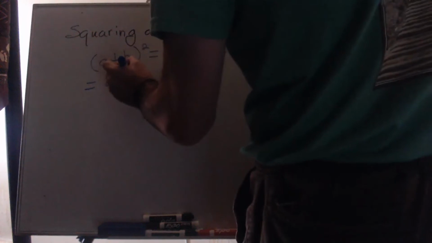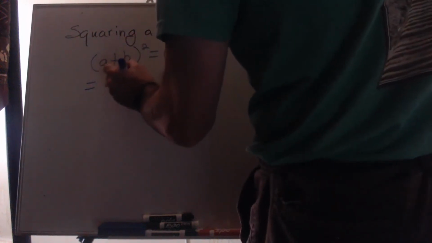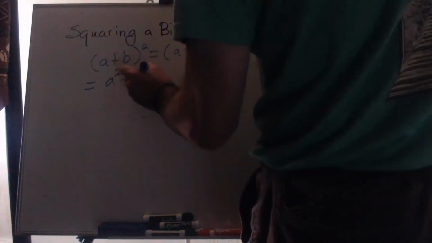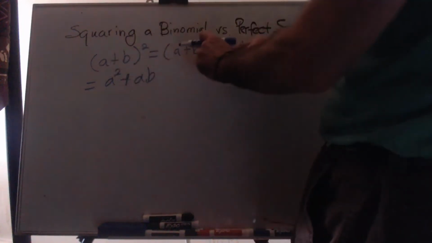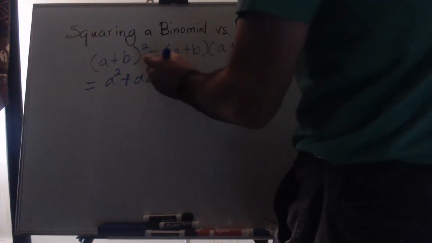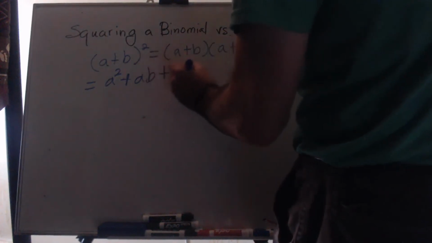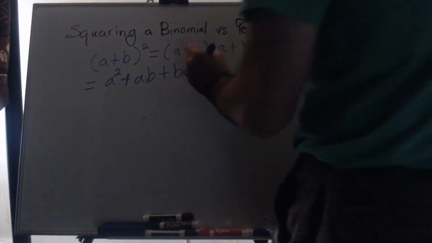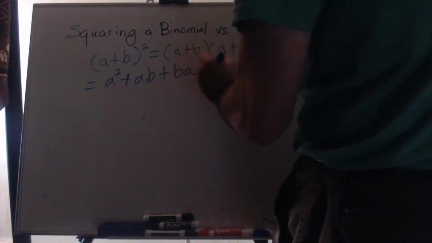A times a is a squared. That's the first. The outers would be a times b. The inners would be b times a. And the last would be b times b is b squared.